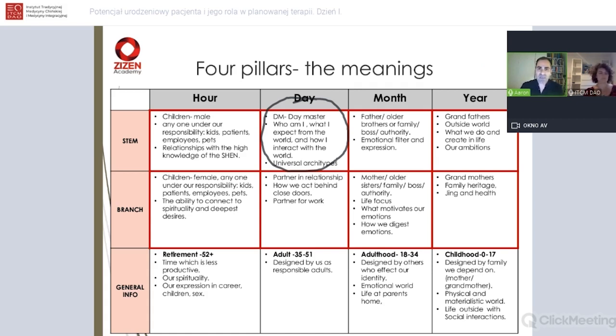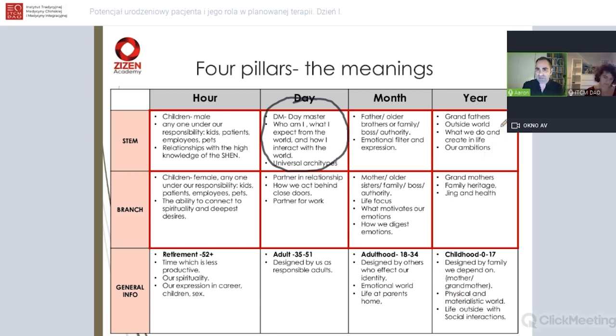But this pillar is stronger at the ages between 0 to 17, okay? It's designed by the family that we depend on, okay? Mother, grandmother, and it also represents the physical and materialistic world of ours, okay? It's the life outside with the social interactions that we have. Okay, this is the representation of the whole pillar.